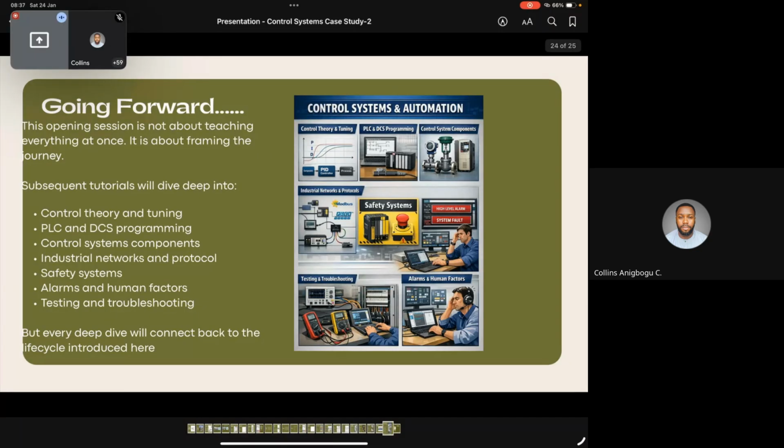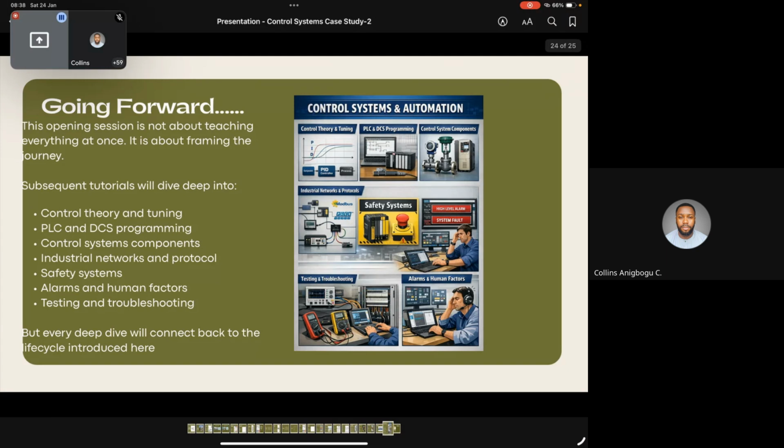So we'll look at PLC and DCS programming. We'll look at control system components. Beyond PLCs, we have other components, the VFDs, the motion equipment, all the different sensors, switches, and all of those things.